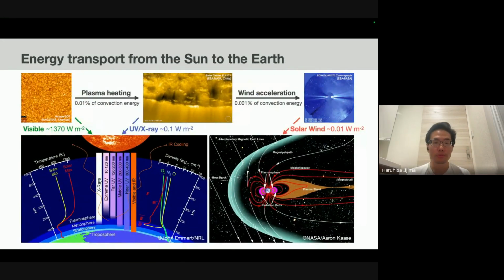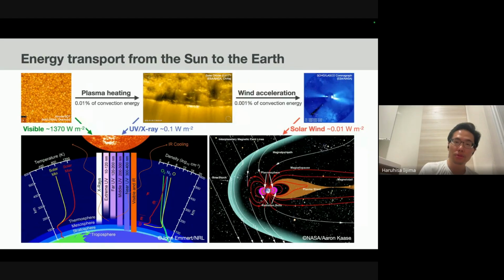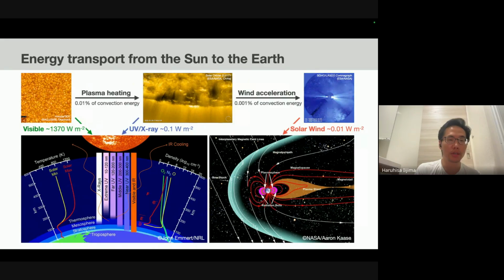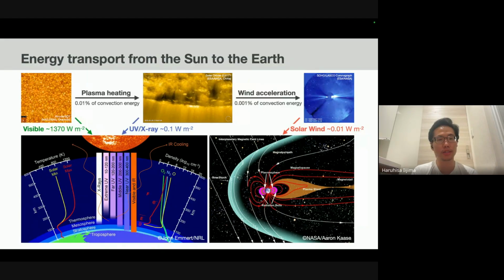This energy transport process is important not only for the Sun, but also for the Earth's surrounding atmosphere. For example, from the visible surface of the Sun, visible light comes to the Earth and heats our planet.